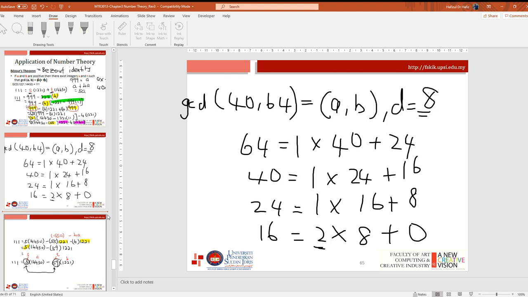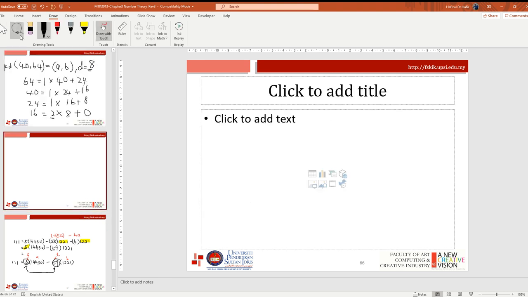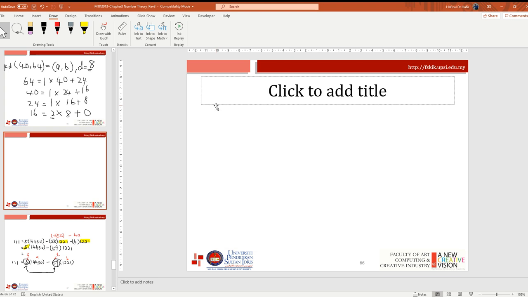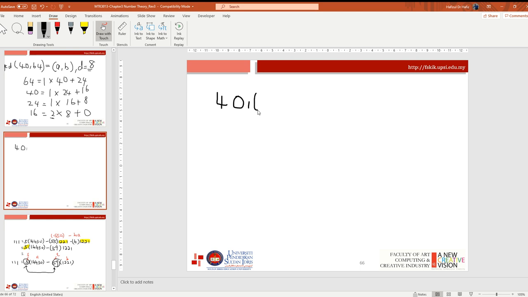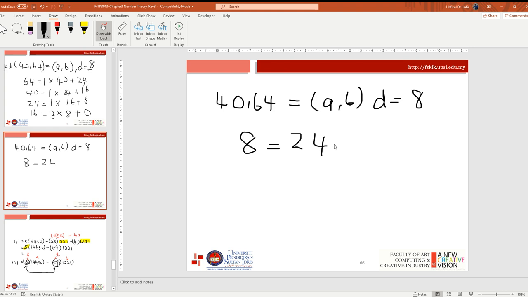Tapi untuk Bezout identity ni, sekejap. Okay, jadi untuk Bezout identity, we got 40, 64. Kita ada 8. Plus.